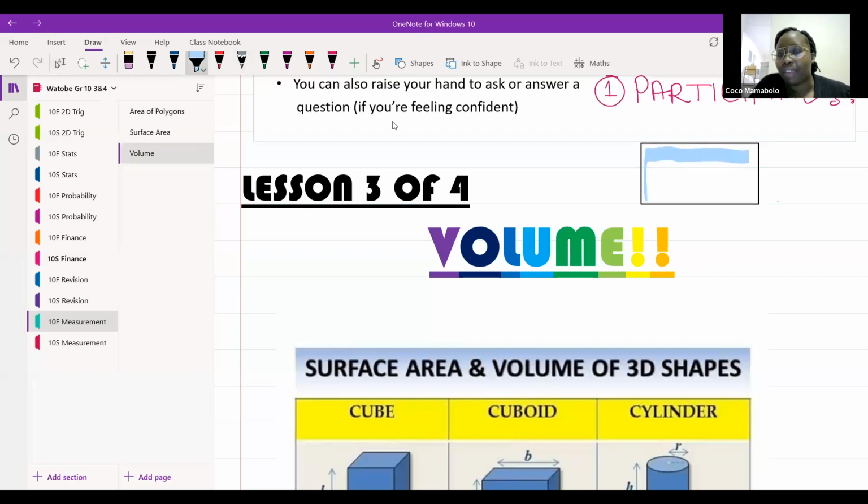Amazing, excellent. So if I'm calculating for the area, what kind of shape have I drawn here? This shape is a 2D shape, right? So when we talk about the volume, we're actually talking about... yes, the rectangle, correct.